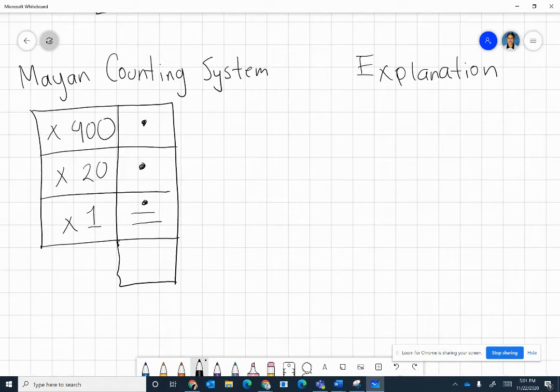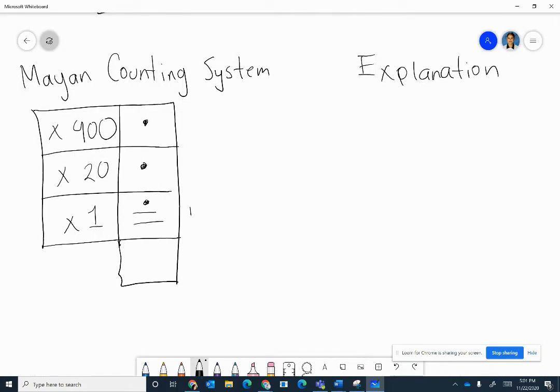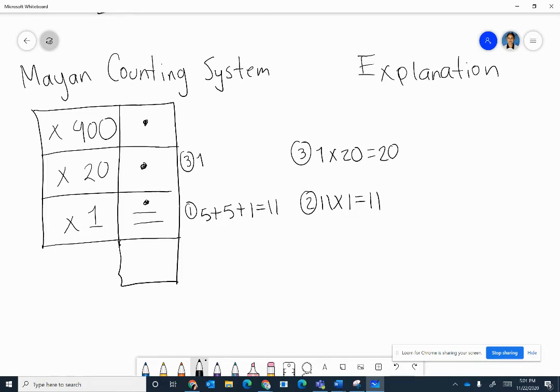Next, the fourth example. We have 5 plus 5 plus 1 equals 11. 11 times 1 equals 11. Here we have 1. So 1 times 20 equals 20. In that third level, we have, oopsie, I made a mistake here and I am correcting it.